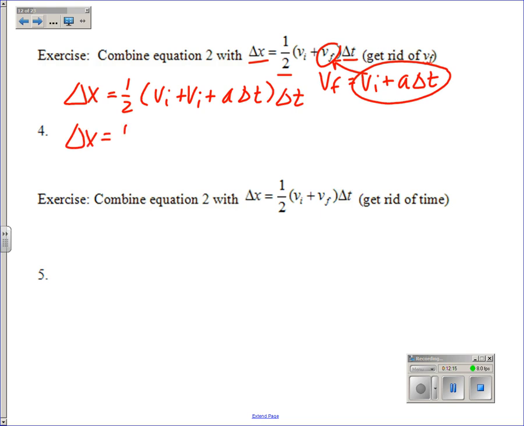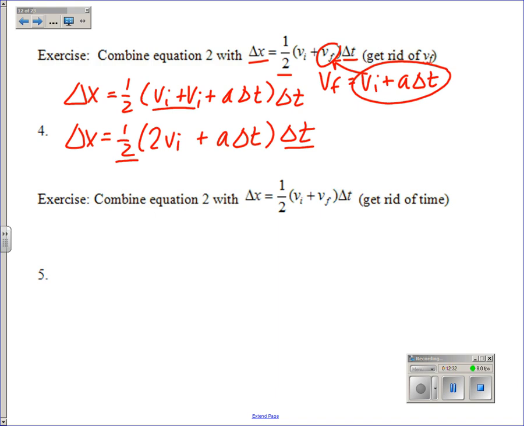Delta x equals 1/2. Vi plus vi is 2vi. Now what I need to do is I need to distribute, and what I actually need to distribute is 1/2 delta t.